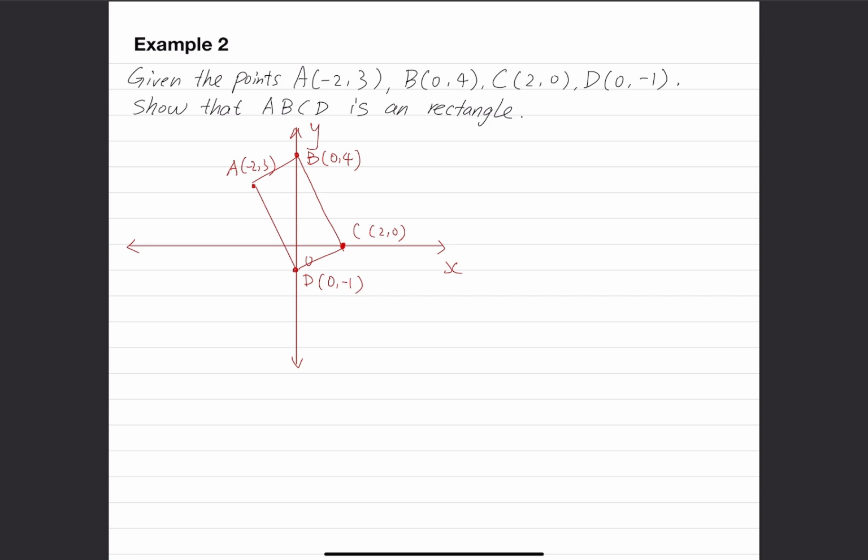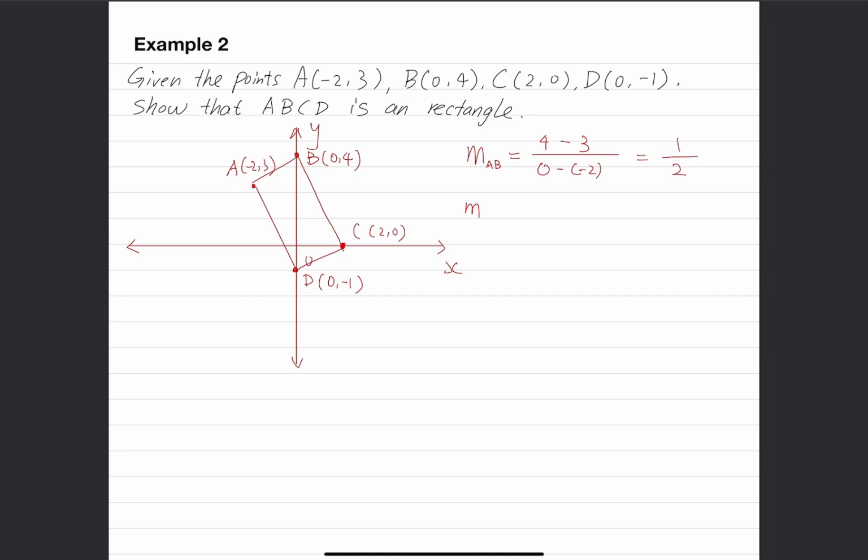Now, we just need to find the gradient between the 2 points, right? So we know that MAB is going to be y2 minus y1 over x2 minus x1, which is 4 minus 3 over 0 minus, be careful here, -2. So what we get is 1 over 2, negative becomes positive, so it's a half.